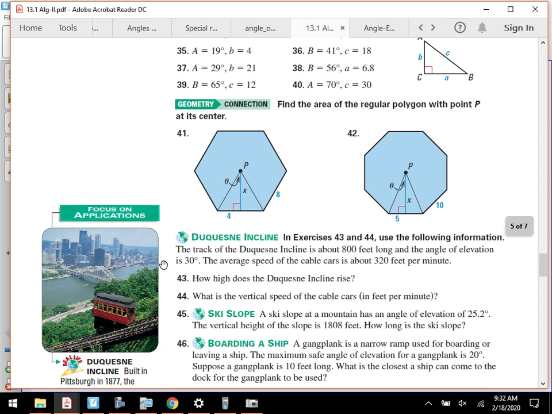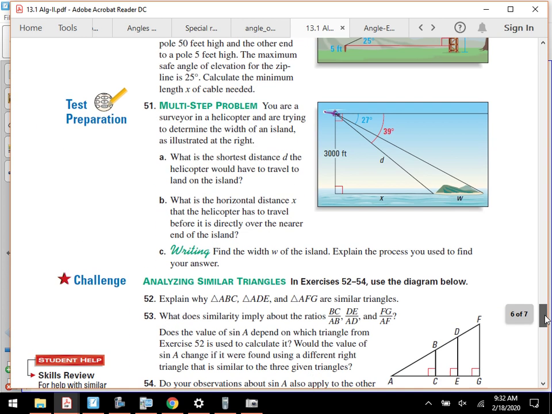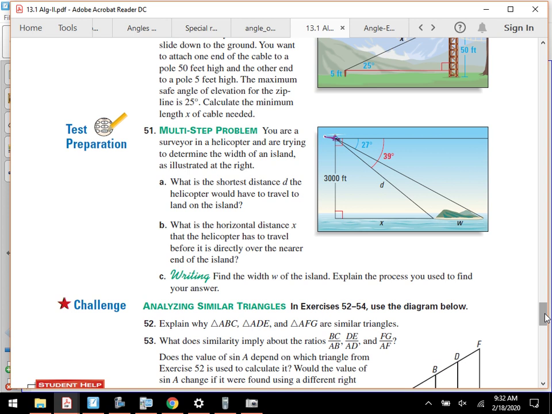I just assumed since it was 800, I just doubled it. I think it's half or something. I don't remember how it works out. Yes, sir. 51, sure. Yeah, it's okay. I'm not going to ask you guys about vertical speeds and stuff like that. All right, 51.